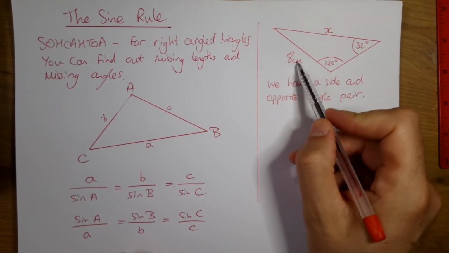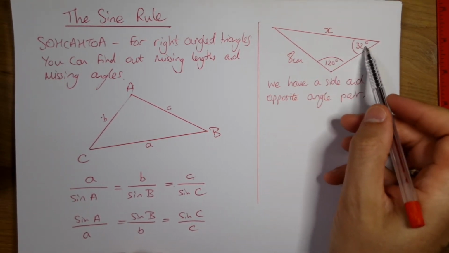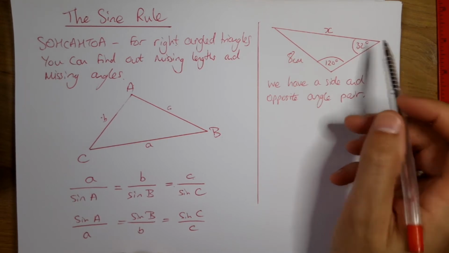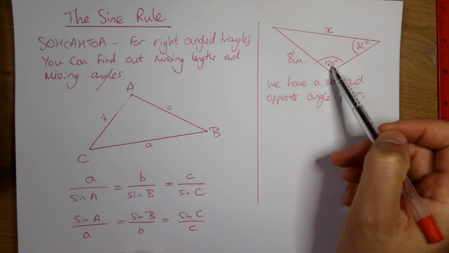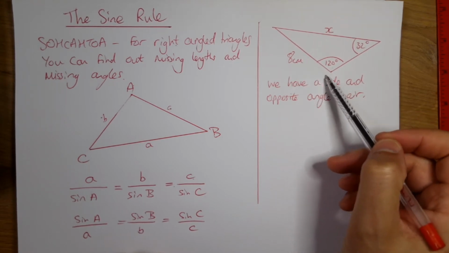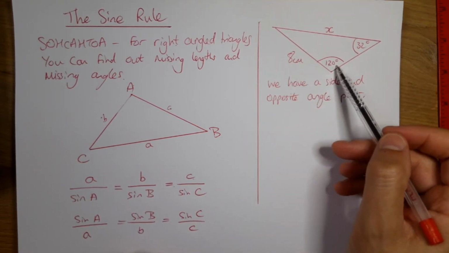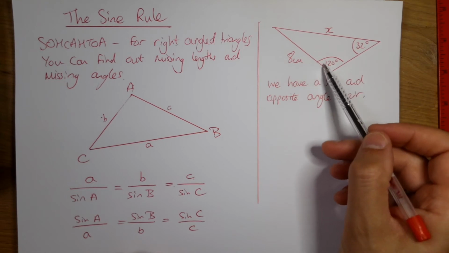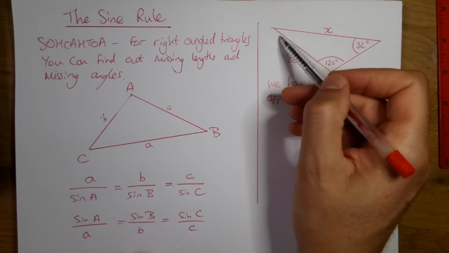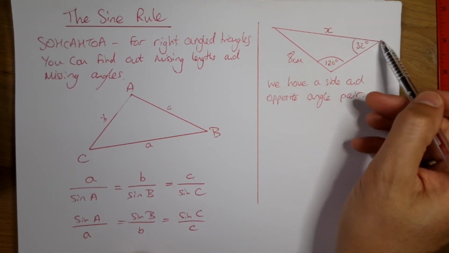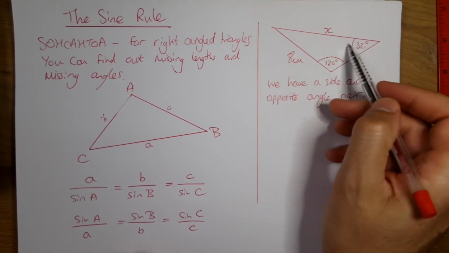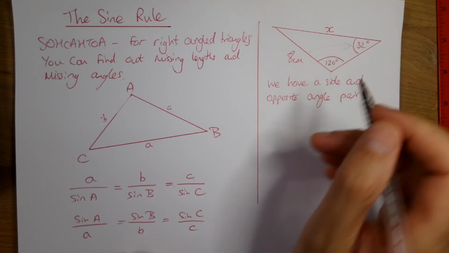But we've got it here: 8 centimeters, and the angle opposite to 8 is 32. I wouldn't say 120 is opposite 8. I'd say that angle is next to 8, because this line here helps form the 120 degree angle, and equally this line helps form this angle, whereas this angle is formed by these two lines. So that's what we mean when we say opposite.